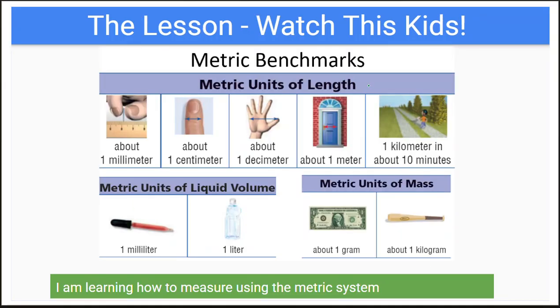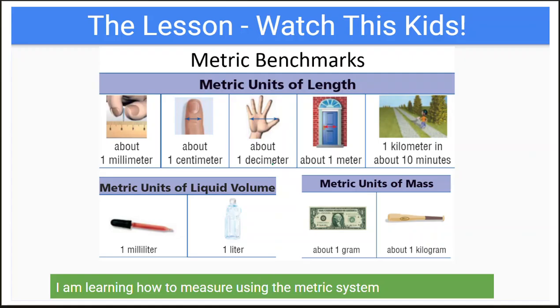Here are some benchmark units that you can use when you're thinking about the metric system. Okay, I told you that a millimeter is really, really small. It's about the thickness of one dime. Okay, not the width of it, the thickness of it. You know how skinny a dime is, right? Okay, and then you have a centimeter, and that's about the width of your finger.